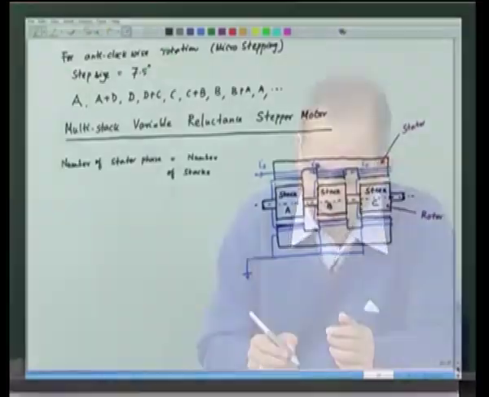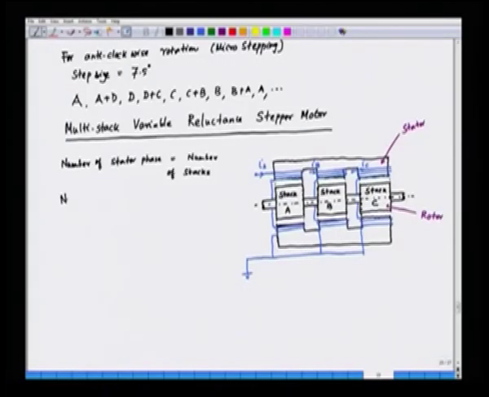So, we can say that the number of stator teeth for a stack is equal to the number of rotor teeth of that stack.